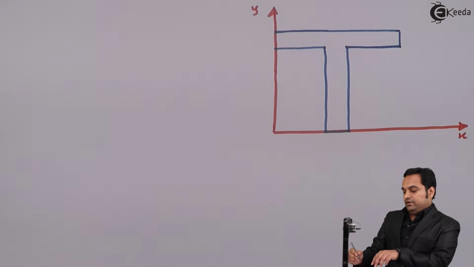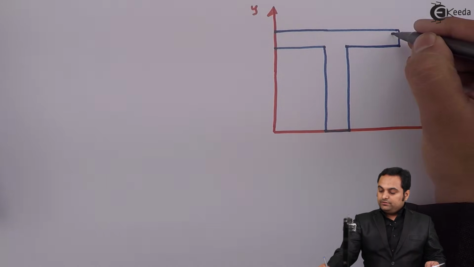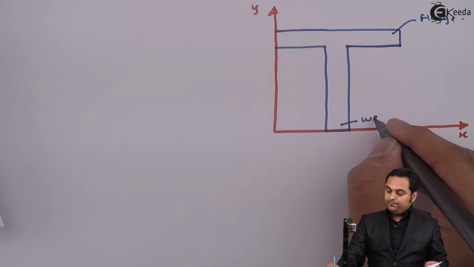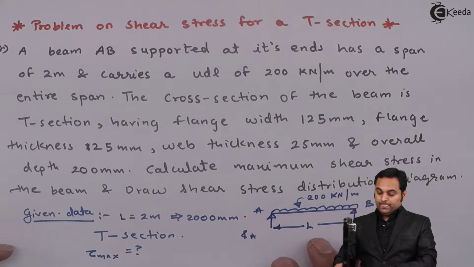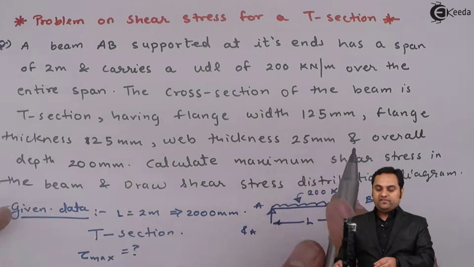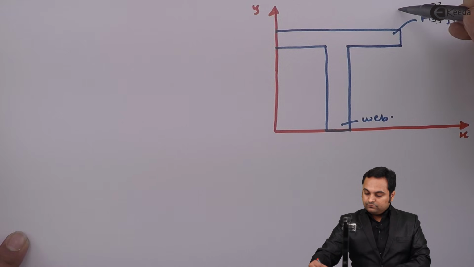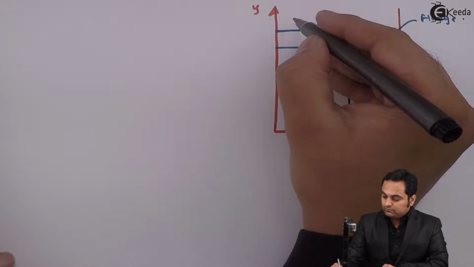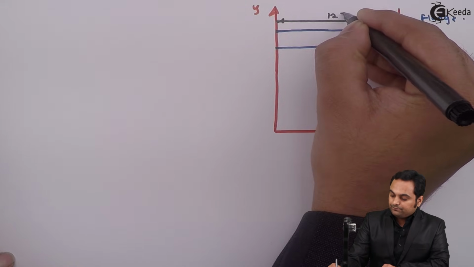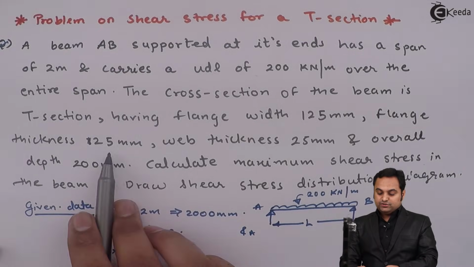Now here I have drawn the T section. I'll mark the dimensions over this. Here is the flange, here we have web. So the cross section of the beam is T section having flange width 125 mm. So the width of the flange here is 125 mm. Next, flange thickness is 25 mm.